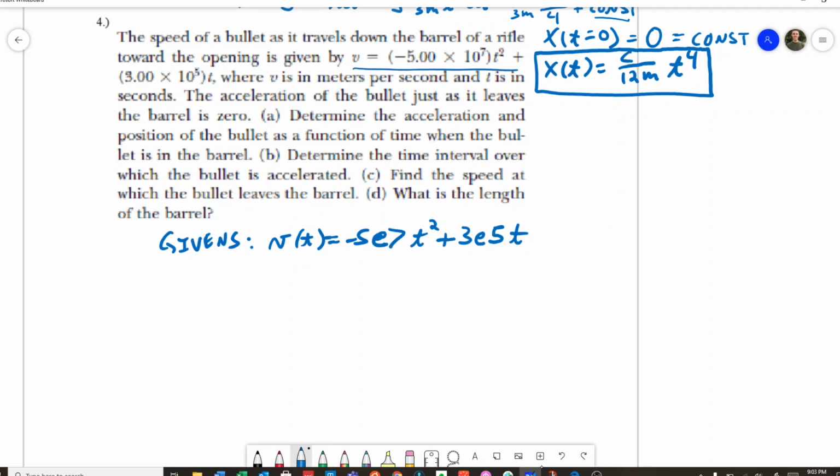That's the velocity as a function of time, where v is in meters per second and t is in seconds. Let's remember to put the units back in when we're done.